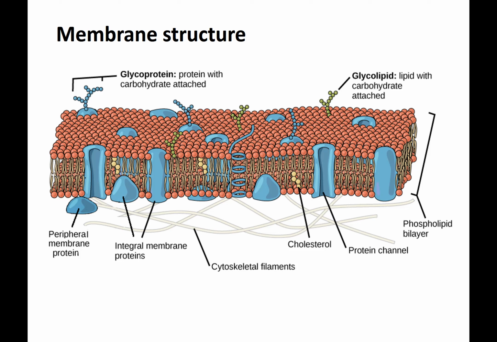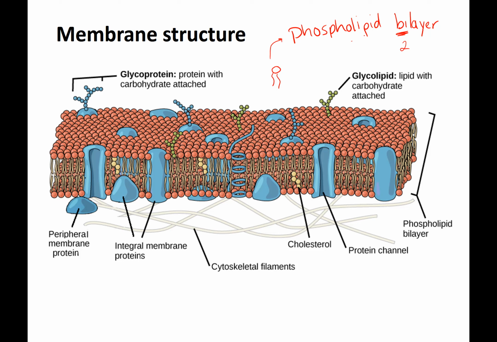They're made of this phospholipid bilayer. Bi in biology means two, and we'll look at it closer, but these little heads with two little tails are the phospholipids.